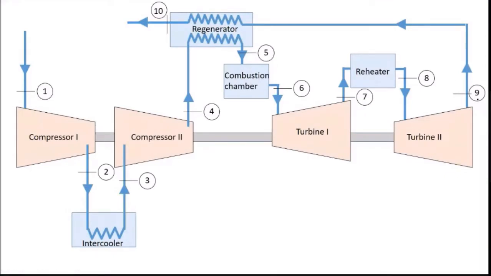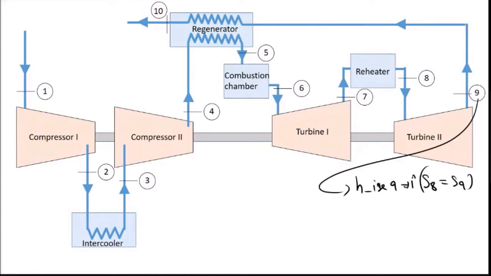For H isentropic 9, I need entropy of 8 because that is the same as entropy at 9. I need two properties like the Gibbs phase rule, and the second is pressure at 9. But I know the pressure at 9 because it is the same as pressure at 10, because this is a heat exchanger, pressures are constant. So P10 is the same as P ambient. This is the same as P1.